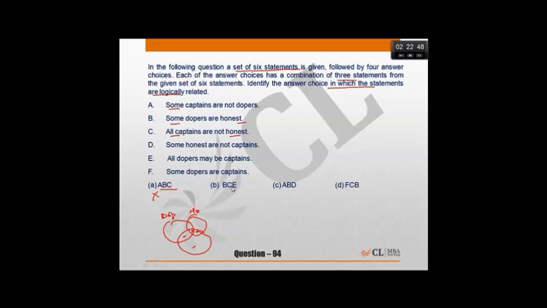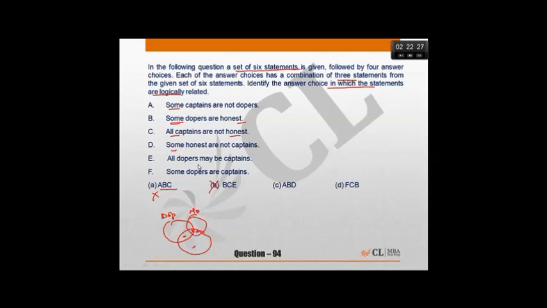And B, C, E: all dopers may be captains. Again, some or no, incorrect out here. This is definitely incorrect. A, B, D. Choice C: some captains are not dopers. Some dopers are honest. And D: some honest are not captain.